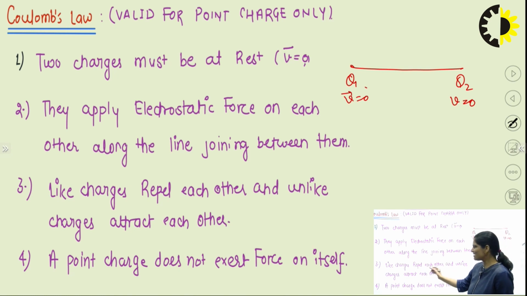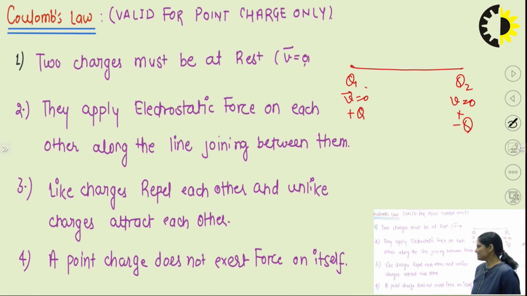Now like charges repel each other. It means if you have 2 positive charges, they will repel each other. And if they are unlike charges, if one is positive Q and the other is negative Q, they will attract each other.